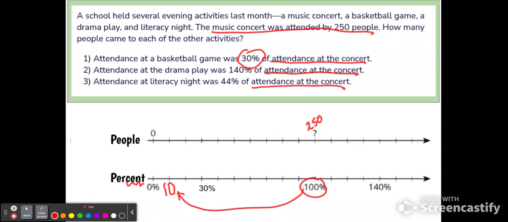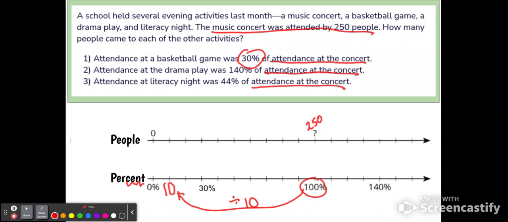What do I multiply or divide 100 by to get to 10? Well, if I don't know my math facts really well, I can also ask myself, how many groups of 10 are in 100? I know there are 10 groups of 10 in 100. So that tells me that dividing 100 into 10 groups gets me to that 10. So 100 divided by 10 is 10.